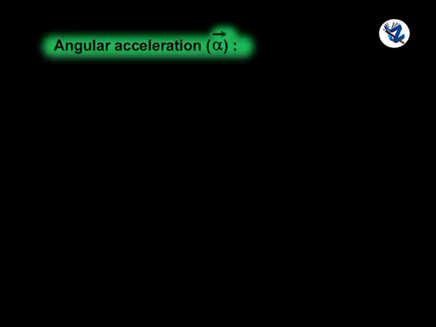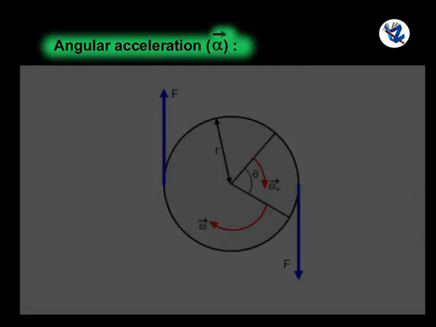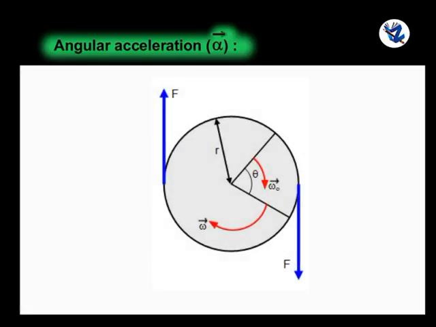Then angular acceleration alpha bar. Whenever a rotating body speeds up or slows down, the angular velocity changes, and hence the rotating body is said to possess an angular acceleration. Let omega 0 and omega be the angular velocity of a particle performing circular motion at instants t0 and t respectively.